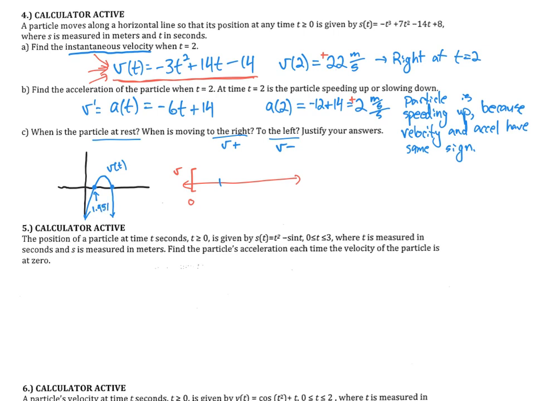And if you do the same for the other zero, you'll find that the velocity is 0 when t equals 3.215. So these are both of my 2 time values for which the velocity is 0, or when the particle is at rest. So the particle is at rest at both of those times.